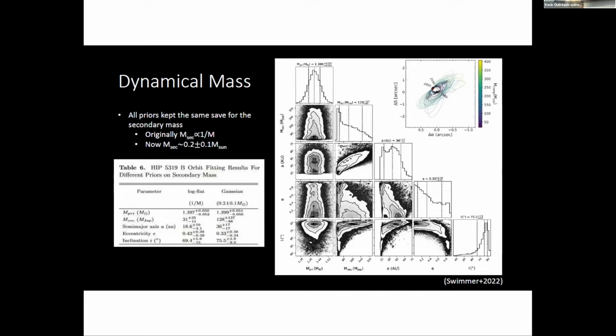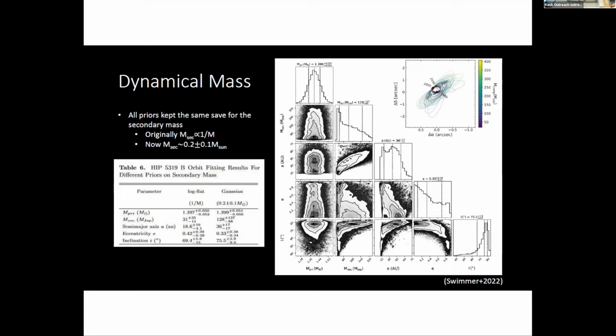And now, instead of using a 1/m log normal prior, we used a Gaussian prior where the 1 sigma intervals basically matched what we would expect from an M3 to an M7 star. And what we found is that it does change the shape of our distribution, again, because our data is not especially constraining.